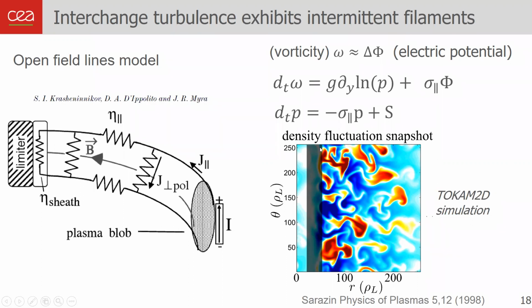And you see here a picture of the resulting density fluctuation snapshot you get when you solve this system of equations numerically. You have these nice mushrooms moving outward, which is quite similar to what you get in a Rayleigh-Taylor system, the standard fluid system with gravity, for instance.